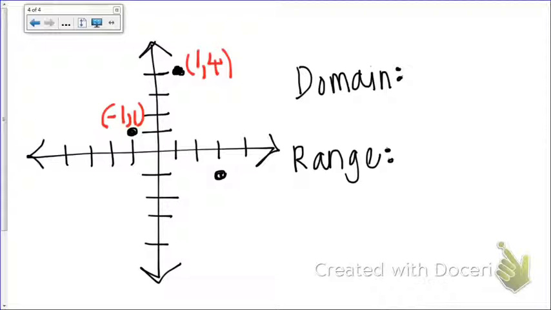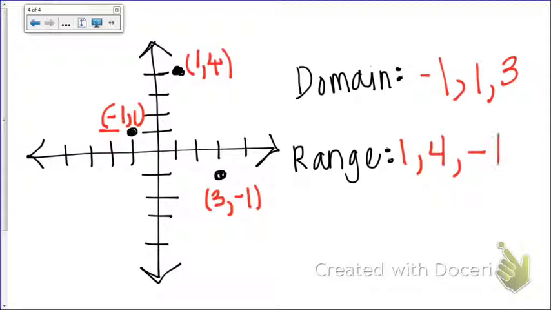And then this one is at 3, -1. So what are my 3 elements in the domain, guys? -1, 1, and 3. And you just have to list them. What are my range elements? Perfect. Does that make sense? That's all you have to do. Okay?